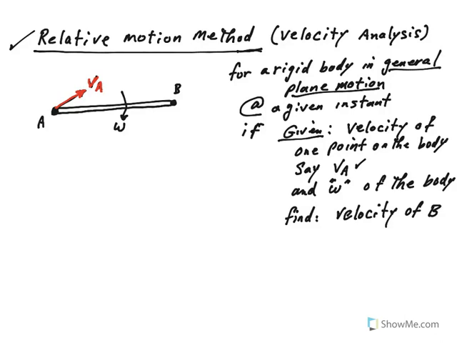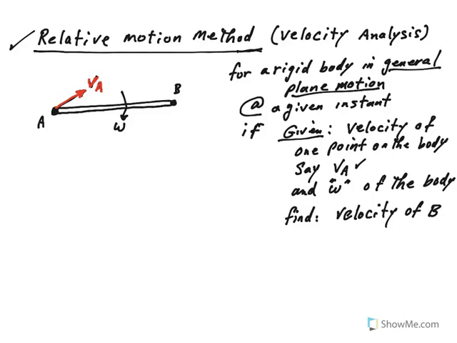Okay, so here I have this situation where at a given instant, if a body is in general plane motion, so imagine if this link AB, bar AB, which could be like a connecting rod, is going through combination of translation and rotation.